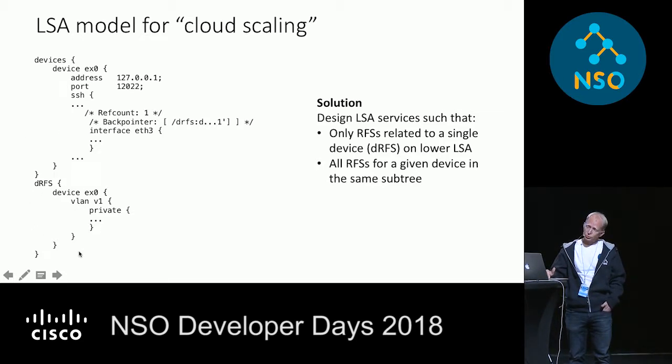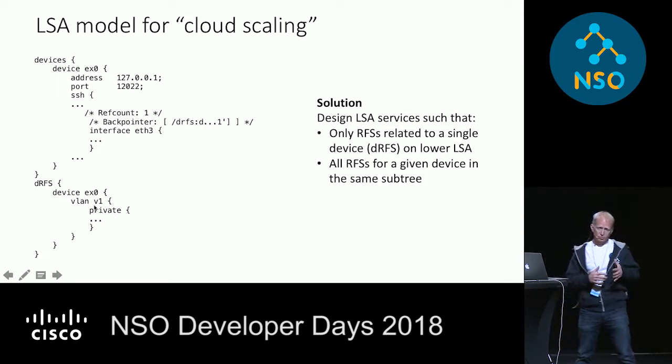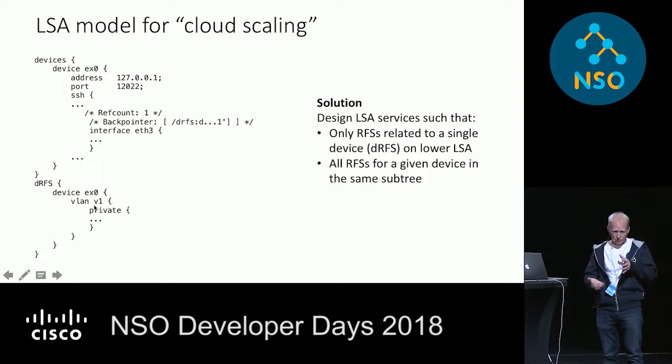And if we place all resource-facing services associated with a device under a certain point, so in this case we have the device called X0, and all resource-facing services are placed in that list instance.